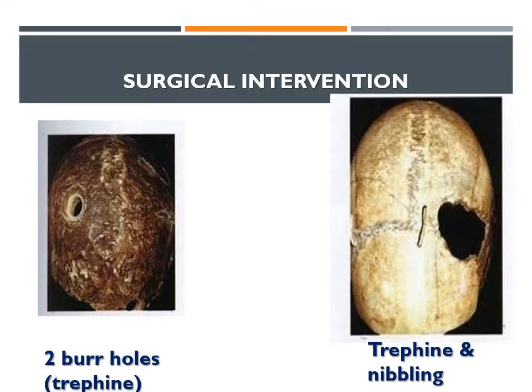Surgical intervention may be through trephine, like this picture to the left, making a hole like this, or in the form of nippling and trephine, like this picture to the right. Trephine is a small hole made by some instrument, and the nippling is making widening of this trephine.